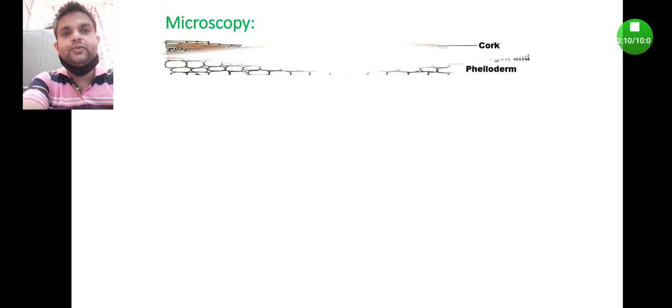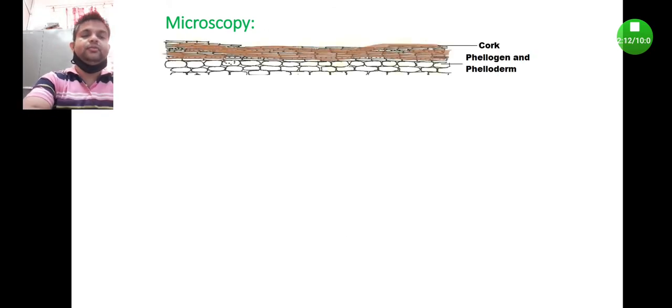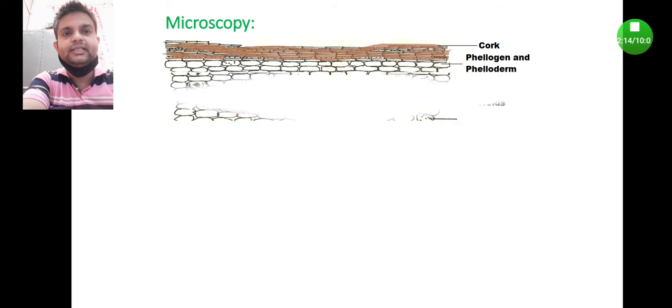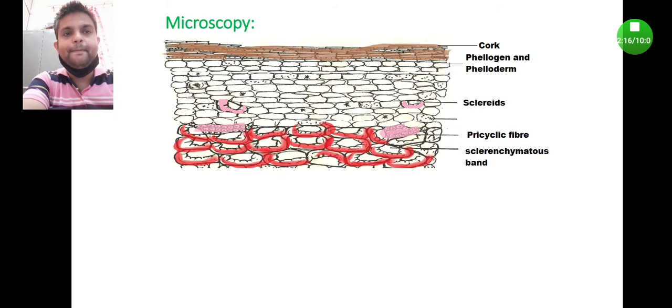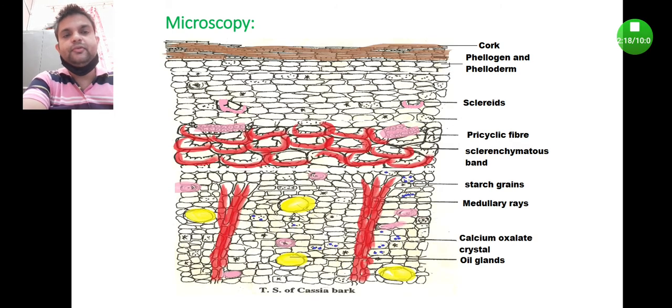Coming to its microscopy, let us see one by one. When we take the transverse section of Cassia bark under the microscope, you will observe the cellular characters exactly as denoted in this figure.